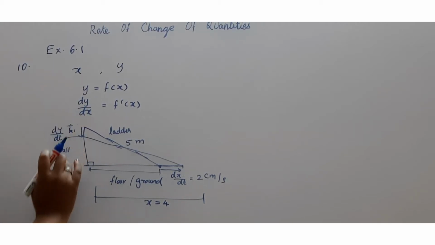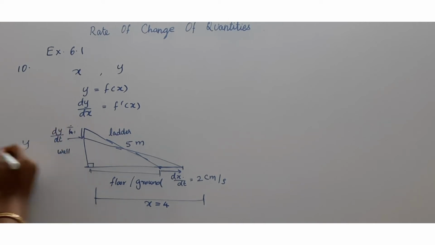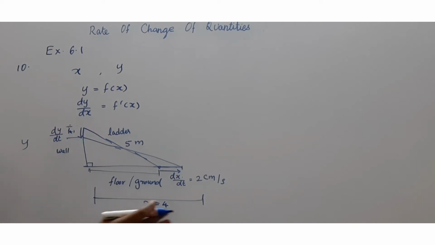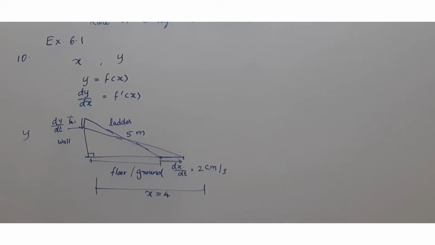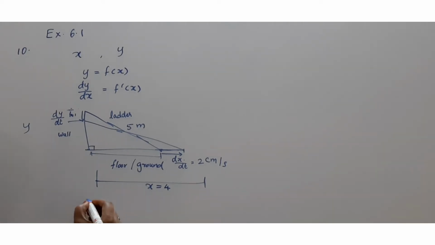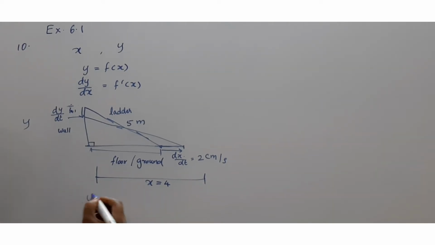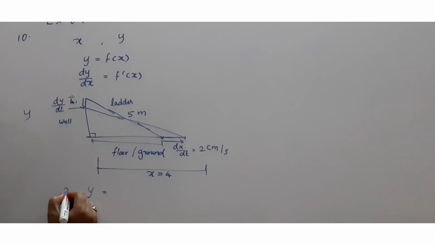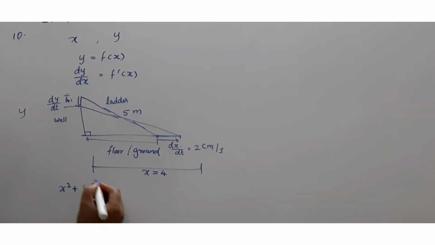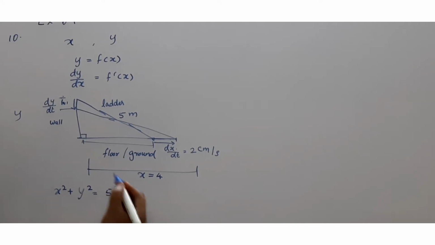This can be taken as y, the wall, and the ground can be taken as the x quantity. By using the Pythagoras theorem, x square plus y square is equal to 5 square.